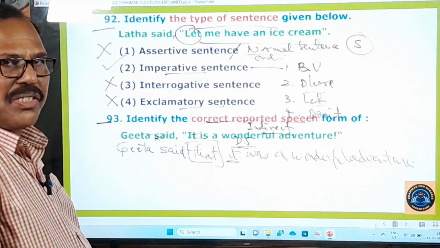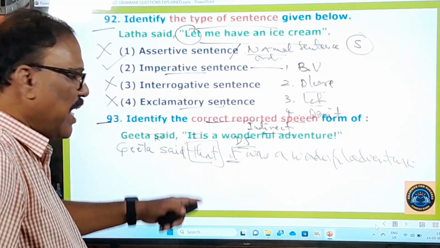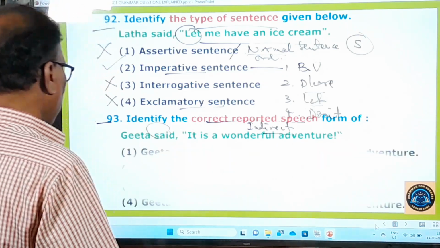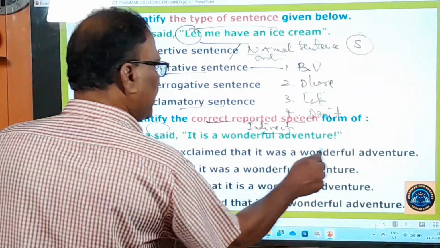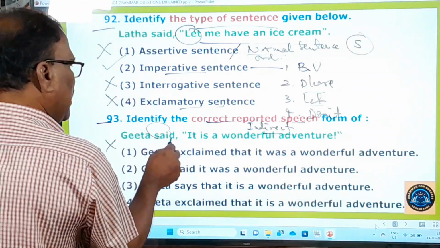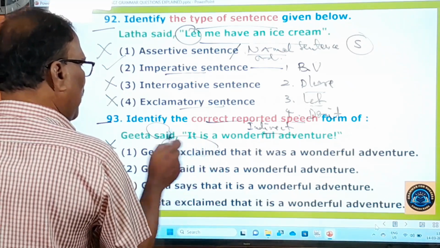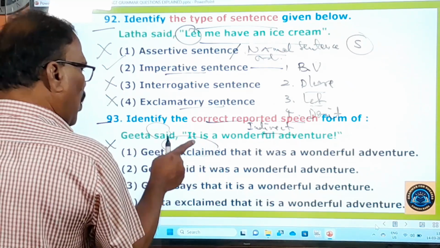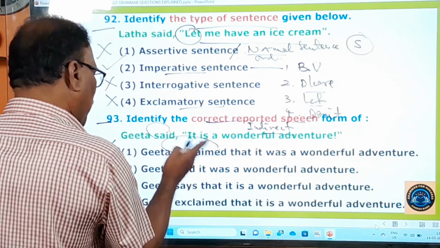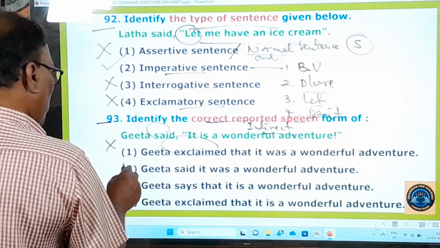Now let us check whether this answer is there in the given options or not. Geeta exclaimed that it was a wonderful adventure. The first one is wrong because said is turned into exclaimed. The reporting verb said should not be changed into exclaimed. Now go to the second one.